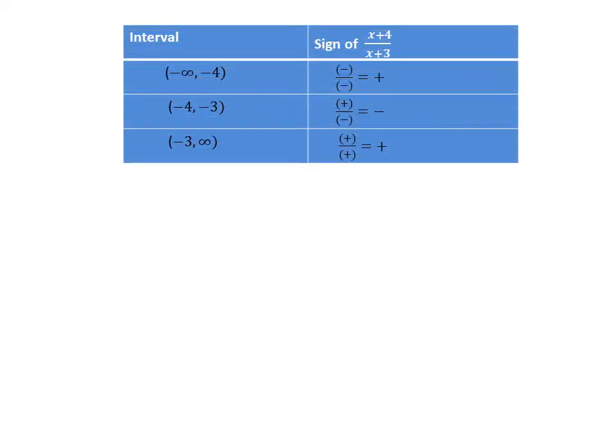So now we can draw the table: the interval, then the sign of (x plus 4) by (x plus 3). The first interval is minus infinity to minus 4. In between these two values, you can take minus 5. If you replace x by minus 5 here, you will get minus, and here also minus. So negative by negative means it is positive.